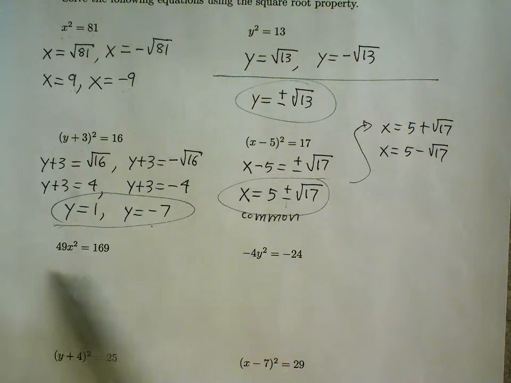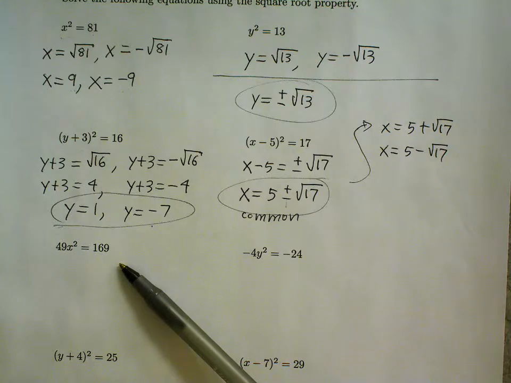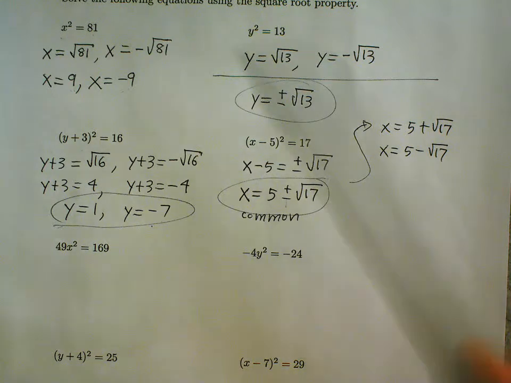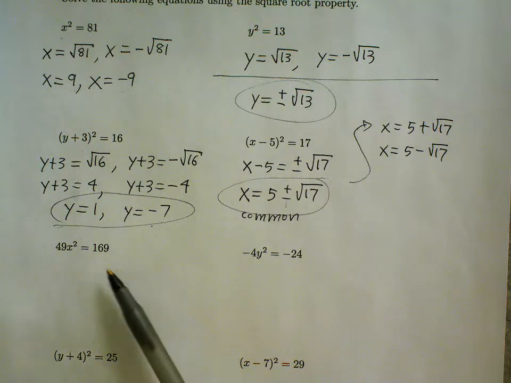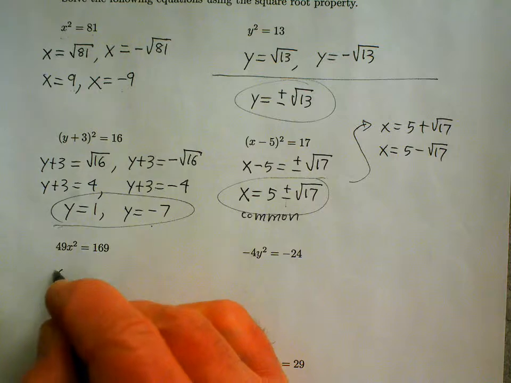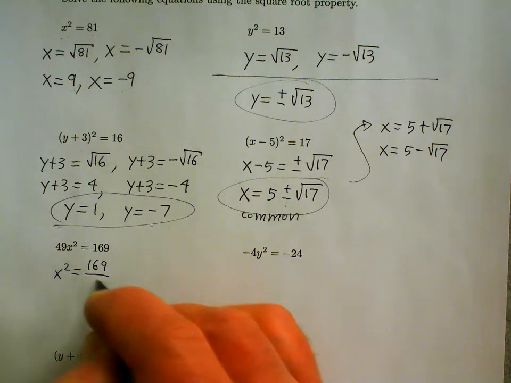Okay, so this equation is just an example of a quadratic equation. So it's separate from all of the other examples that you see on this page. So you might want to first divide both sides by 49 and write it as x squared equals 169 divided by 49.